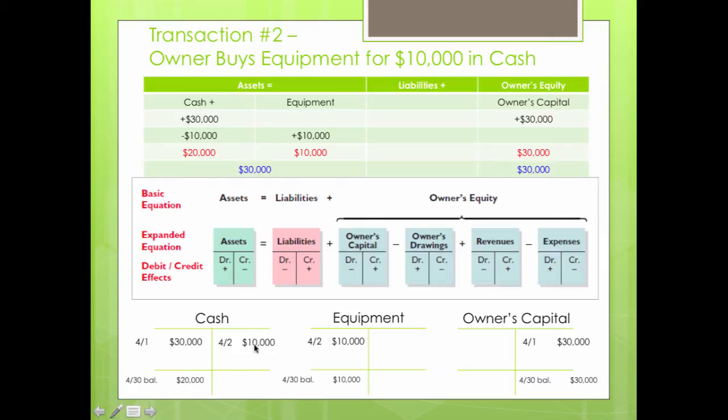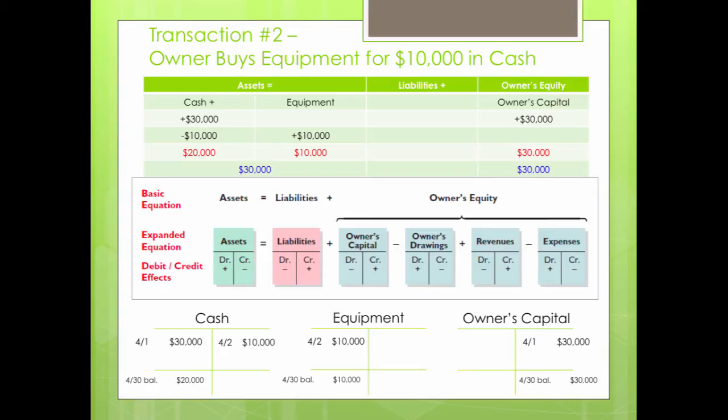So you do this by crediting the account by $10,000, or recording it on the right side. Notice that I still have the previous recorded transaction, which is for the investment of $30,000 into the business. You don't start a new one.